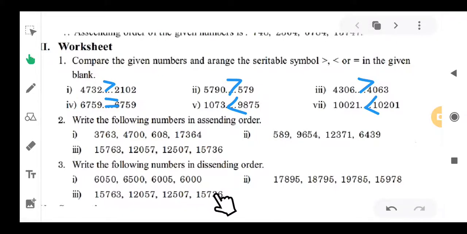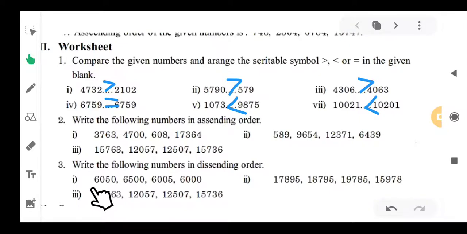So in descending order, first of all you have to write the bigger one. So in this, which one is bigger? First of all you have to choose that one. So this 6,000 is smaller one. So this is 6,005, this is 6,050, this is 6,500.